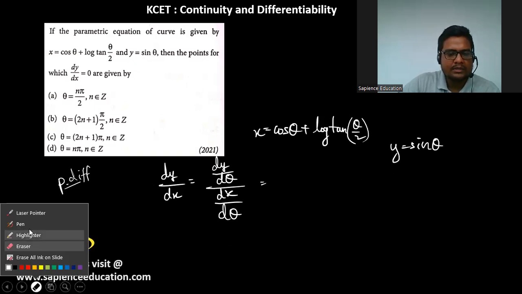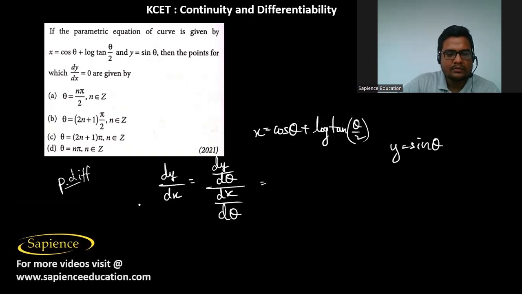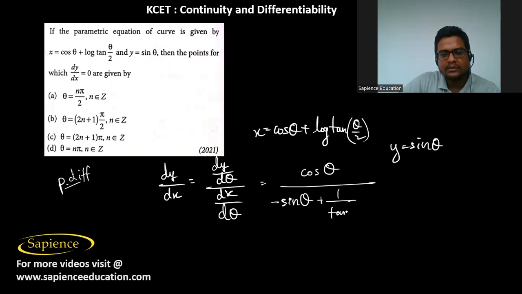So this will be equal to dy by d theta, which is cos theta, divided by this, which will be minus sin theta plus 1 by tan theta by 2 into secant square theta by 2 into 1 by 2.